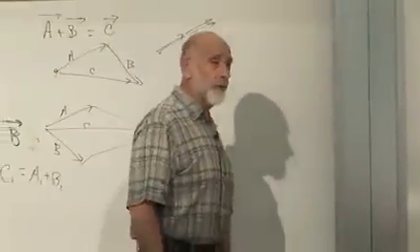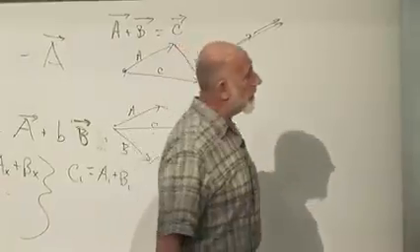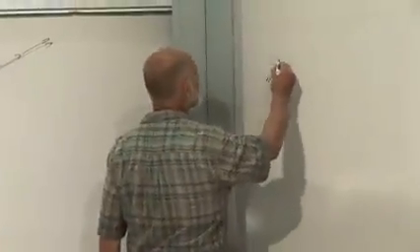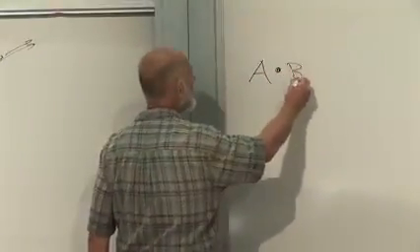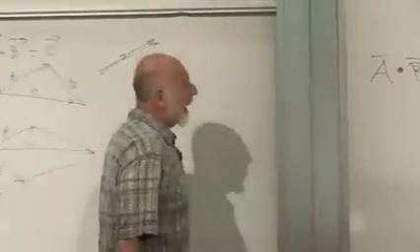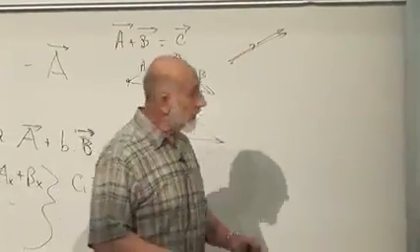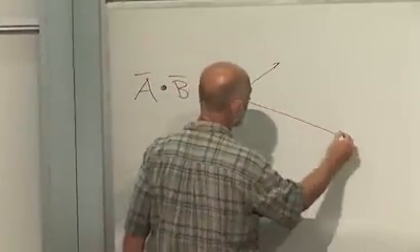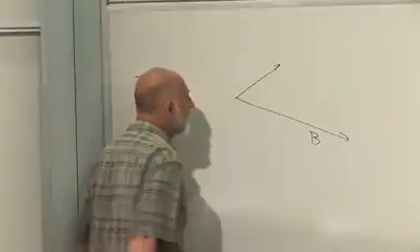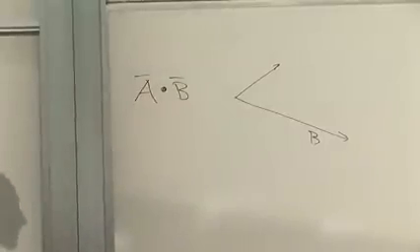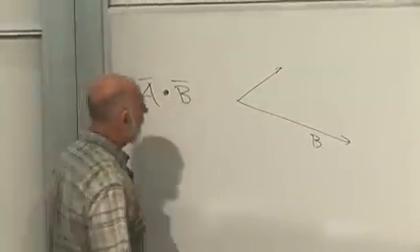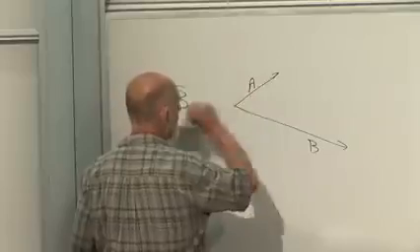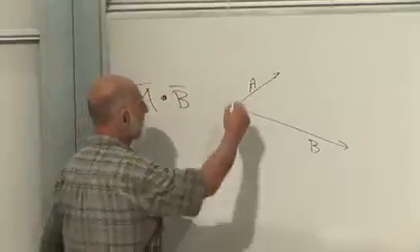So one definition of the product of two vectors is called the dot product. Let's talk about the dot product of two vectors, A dot B. A dot B is defined in the following way. You take A, you take B, and now you think of the component of A along the axis of B. What does that mean?